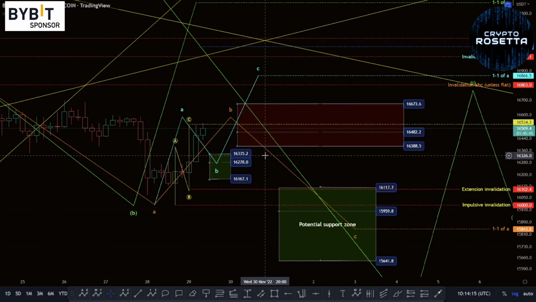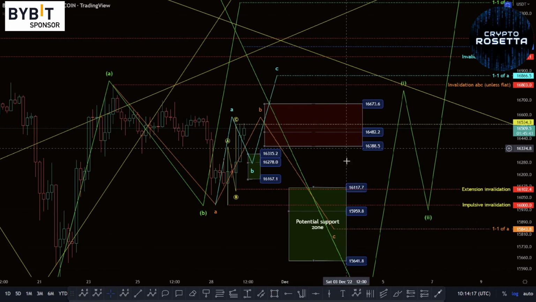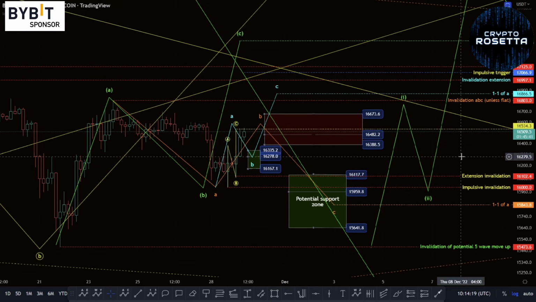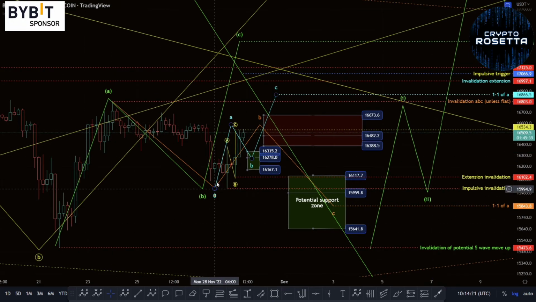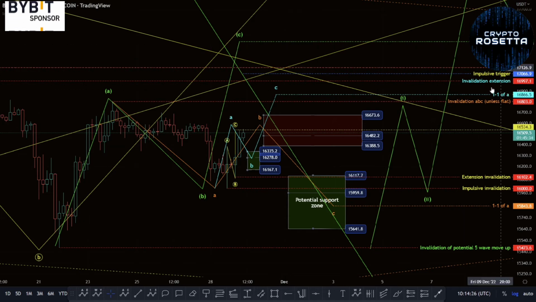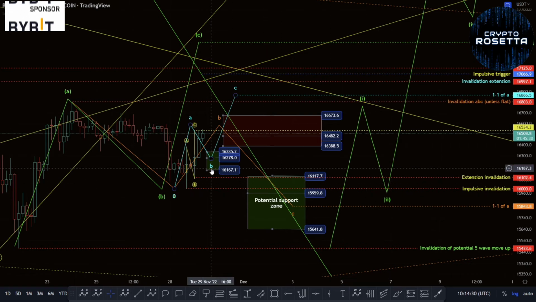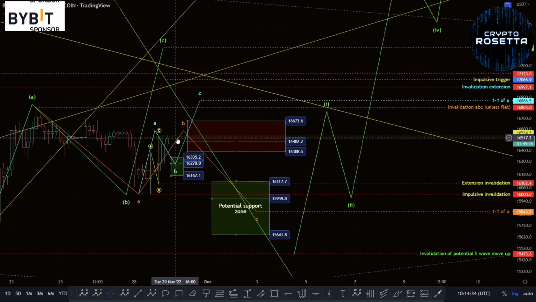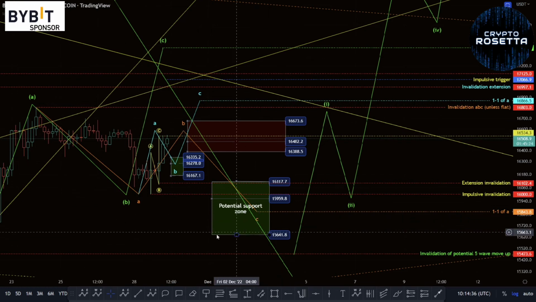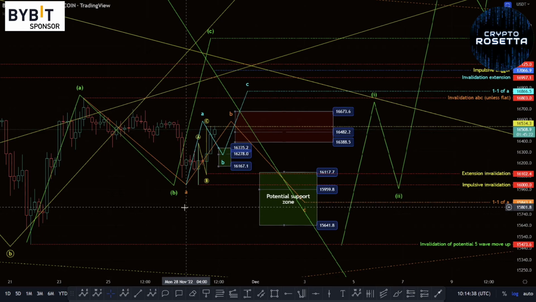So that is the one thing that I'm looking at, is we could be still looking towards forming either this bigger green ABC to the upside, which would take us to around 17,376, or alternatively, if this is going to play out, I'd be looking for us to drop down again in this C leg here to 15,843.